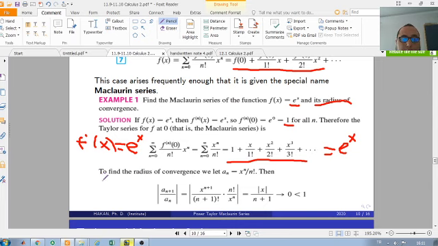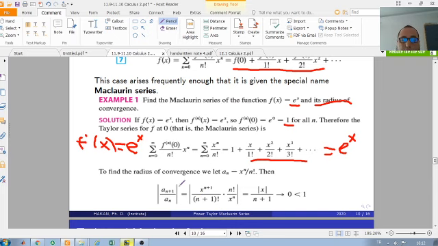Why? Because if you want to find the radius of convergence or the interval of convergence, you know, we apply the ratio test or root test, if you remember. So the general term of this power series representation is x to the power n over n factorial. So according to the ratio test, we have to find the ratio of the terms a_(n+1) over a_n in absolute value.